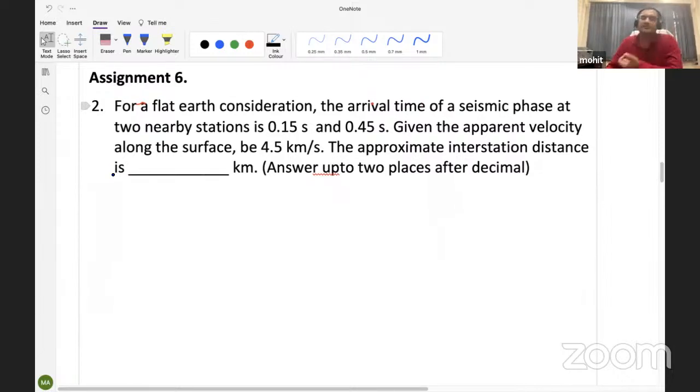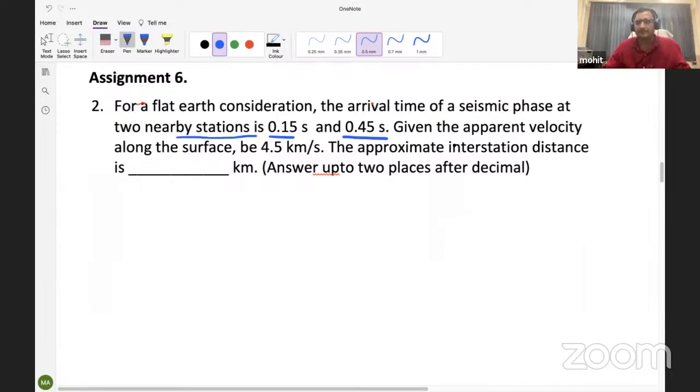Now let's move ahead and look at the questions in assignment number 6. So today we will discuss up to assignment number 8. So in this assignment, question number 2 we are going to discuss, and this question says that for a flat earth consideration, the arrival time of a seismic phase at two nearby stations is 0.15 seconds and 0.45 seconds.